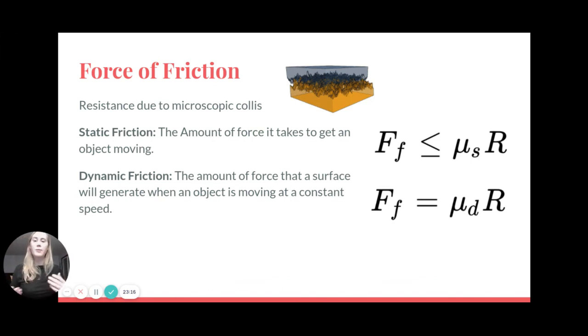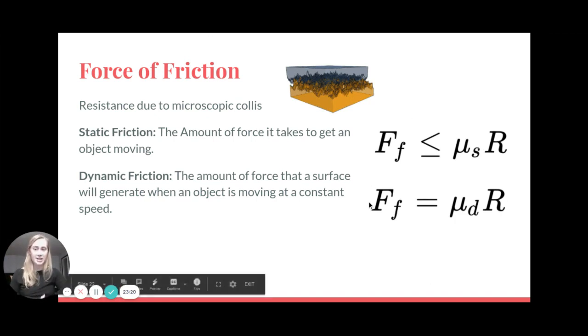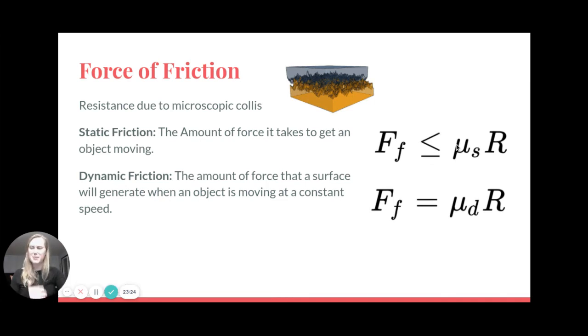And so the way we find the force of friction is using these two equations in your data booklet. Force F is less than or equal to mu S times R. And so what are these things? So obviously FF is the force of friction. And mu is what we call the coefficient of friction. And it's something that you have to measure on a surface.